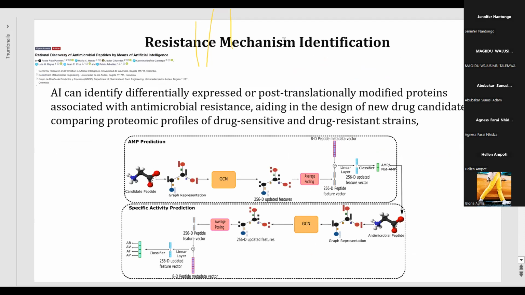Now, coming to resistance mechanism identification, AI can also predict resistance mechanisms. AI can identify the expressed or post-translationally modified proteins which are associated with antimicrobial resistance. There is a drug sensitive strain and a drug resistant strain.